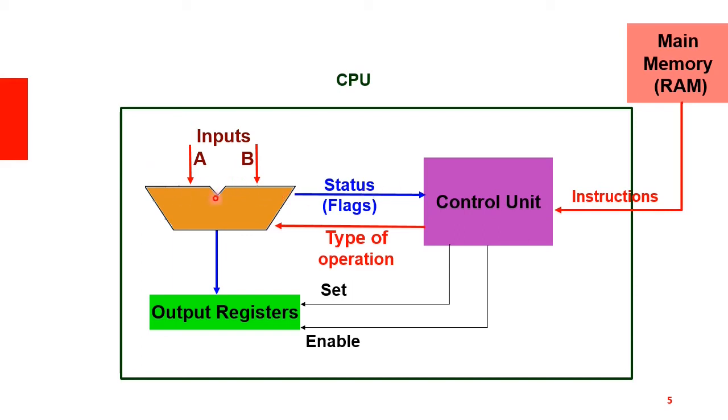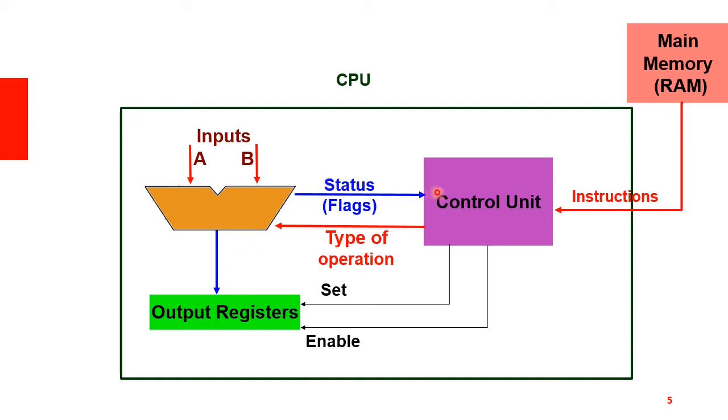Once the processing is done in the ALU, the result is sent to one of the registers, and whenever this processing is done, the status of the result that will be transferred to the register is reported back to the control unit.